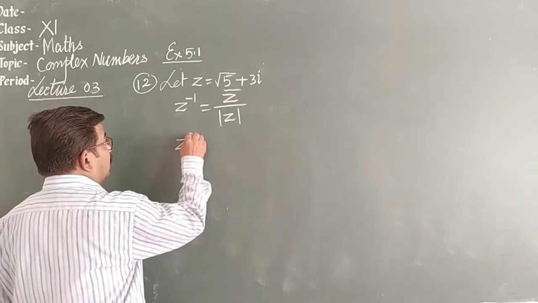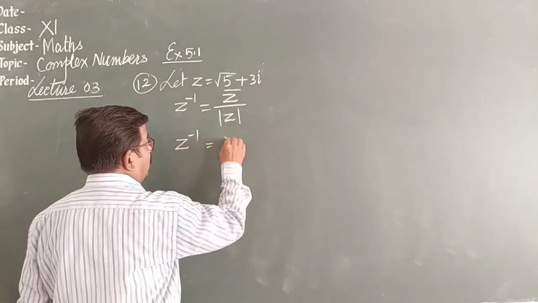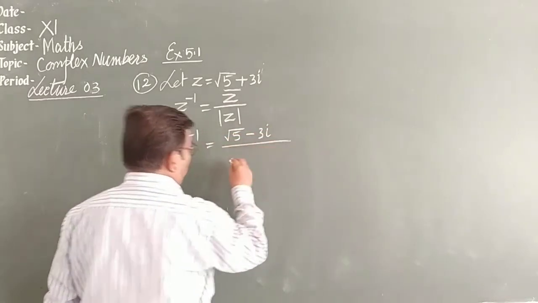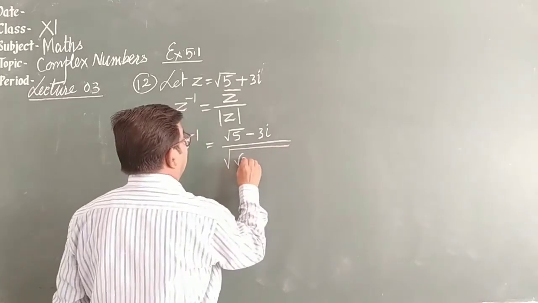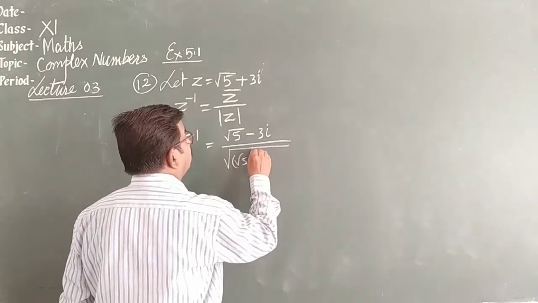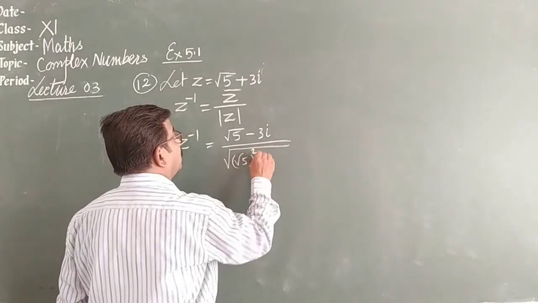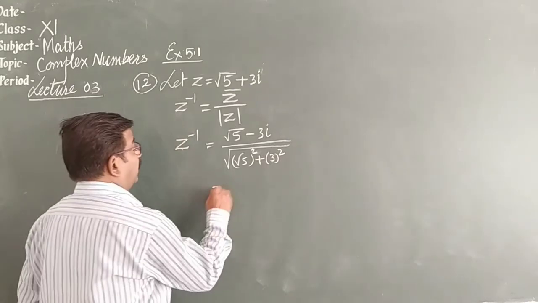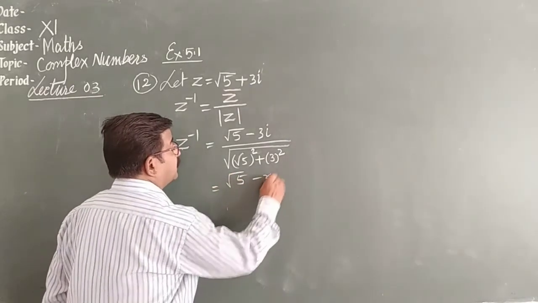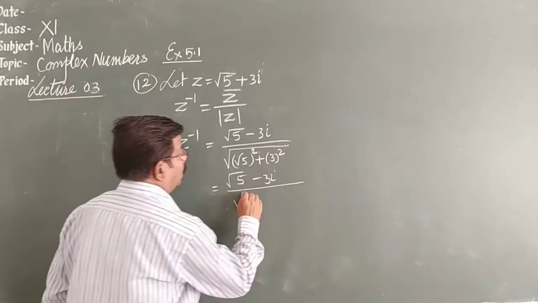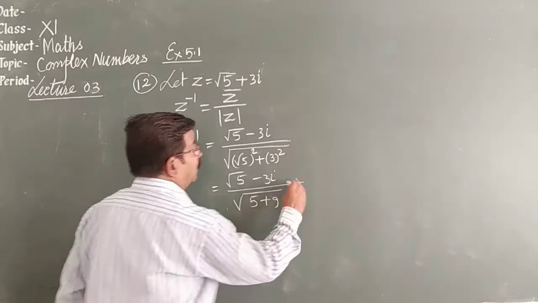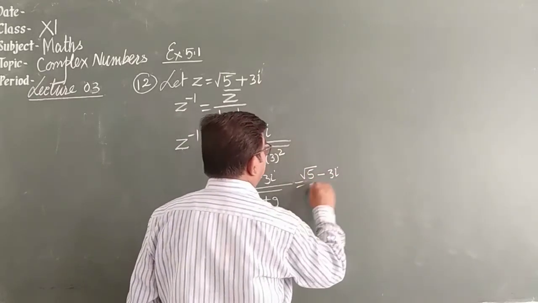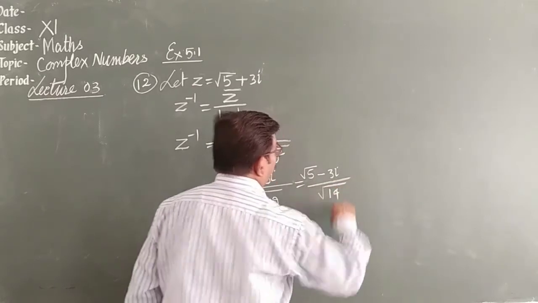The conjugate is root 5 minus 3i, upon under root 5 square plus 3 square. So we have root 5 minus 3i upon under root 5 plus 9. Finally we have root 5 minus 3i upon root 14.